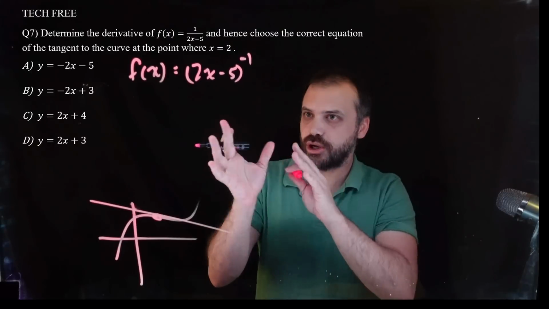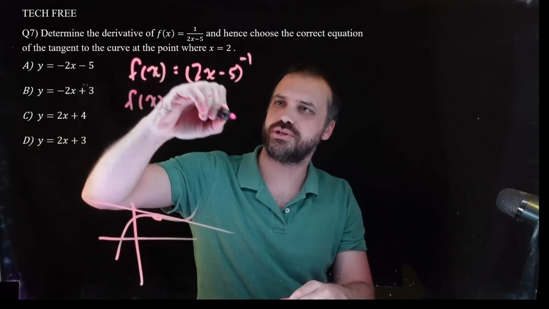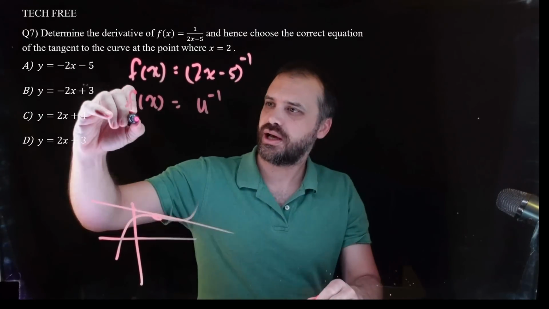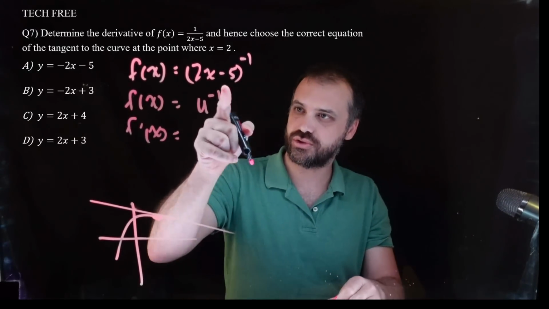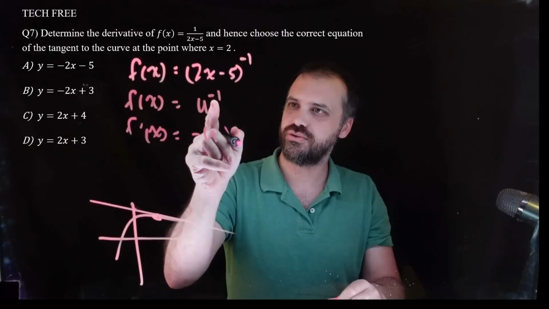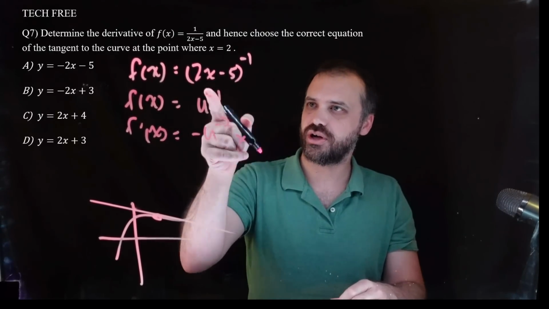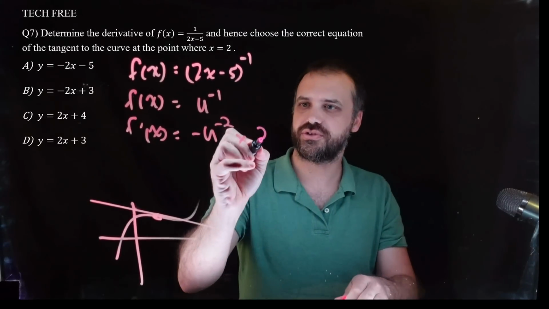Alright, so I'm going to slowly move through this one. I'm still going to write f of x equals u to the negative 1 there, just letting 2x minus 5 be u. So the derivative is going to be equal to the derivative of that, negative u, decrease the power by 1, negative 2, times the derivative of whatever u was, 2x minus 5, so times 2.